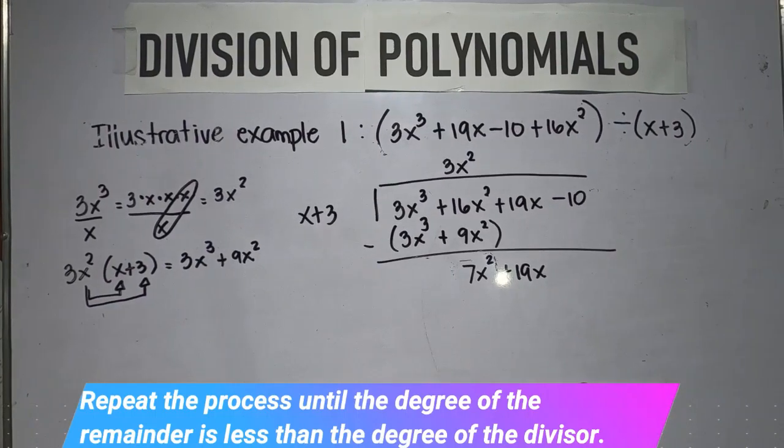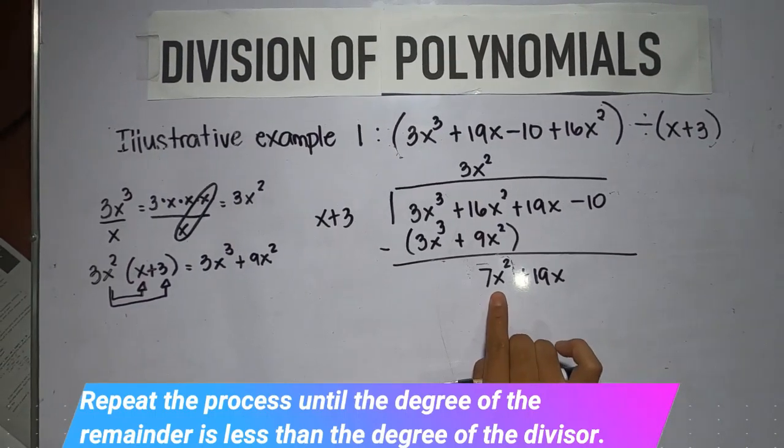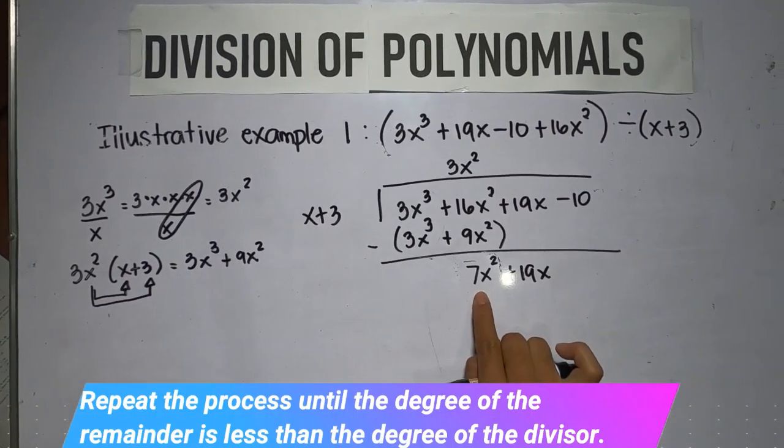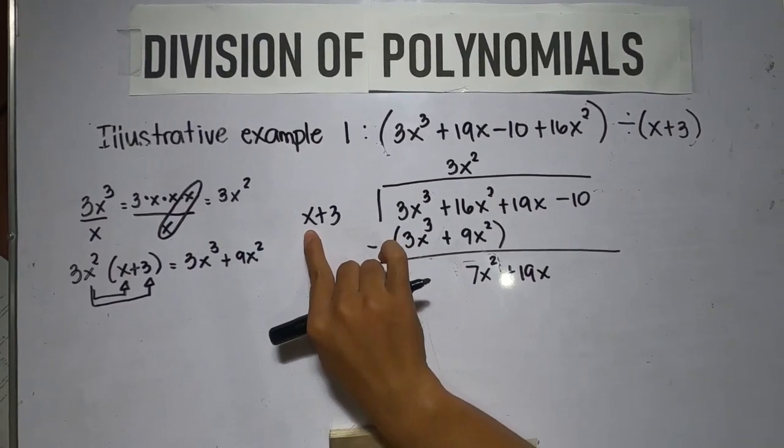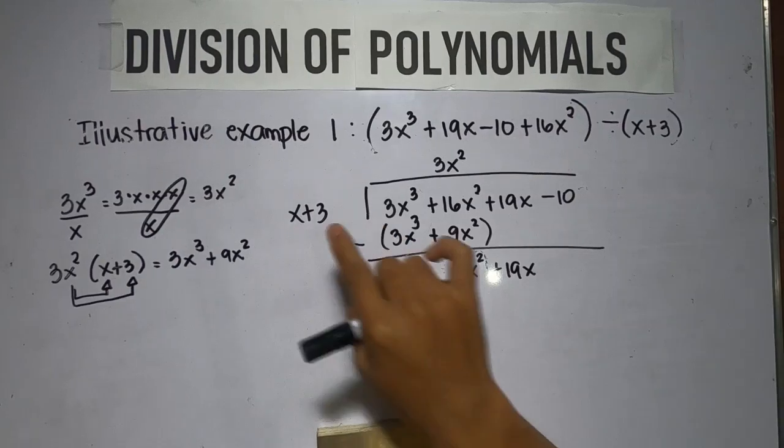So we will repeat the process. 7x squared, which is the leading term, divided by the leading term of our divisor, that is 7x squared divided by x.